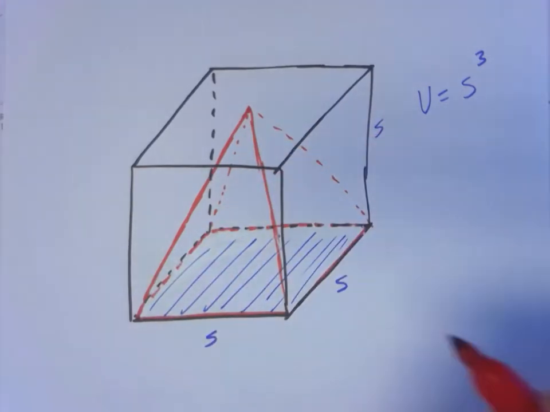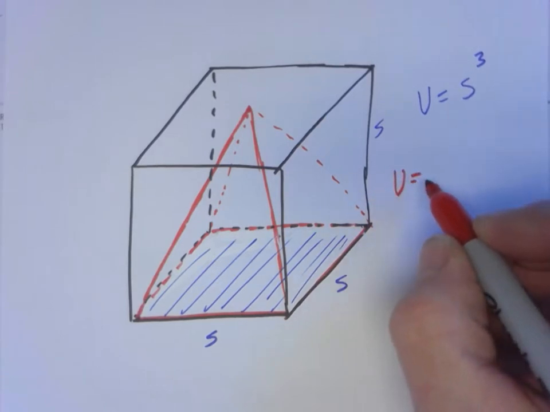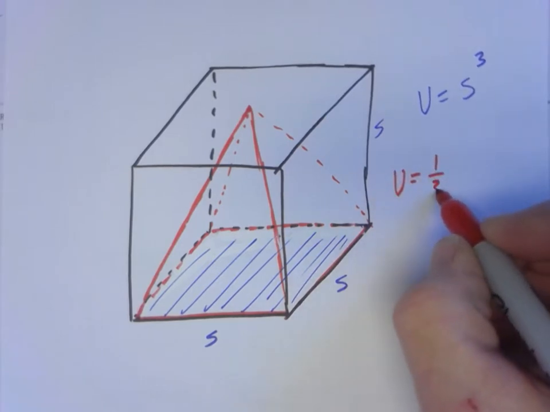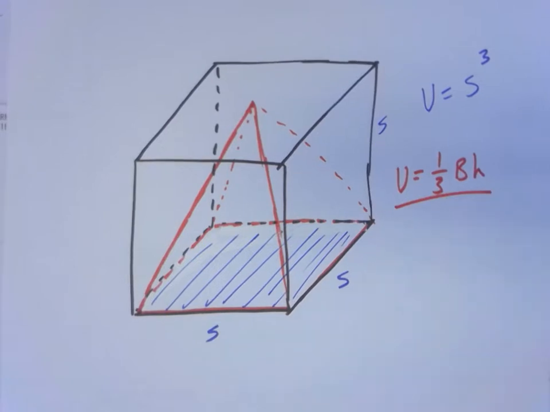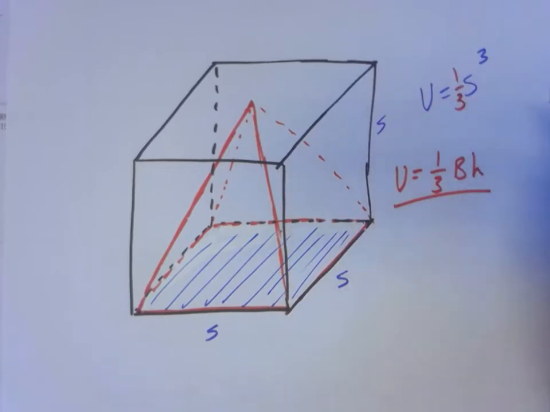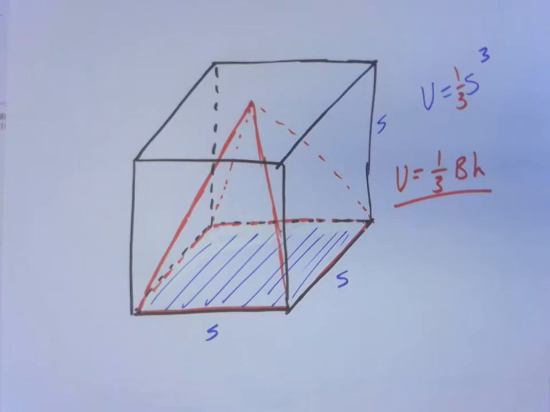And so that formula, for the volume of any pyramid, is 1/3 the area of the base times the height. So in this case, if we just took 1/3 of the volume of the cube, we're going to have the volume of the pyramid.